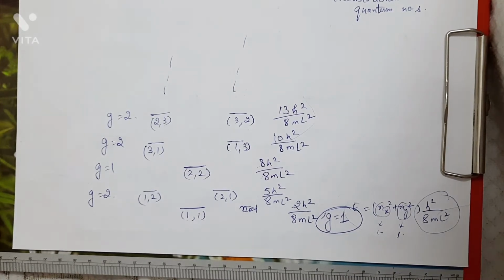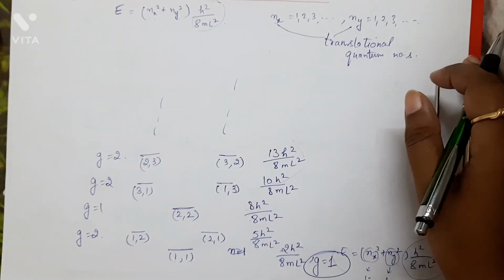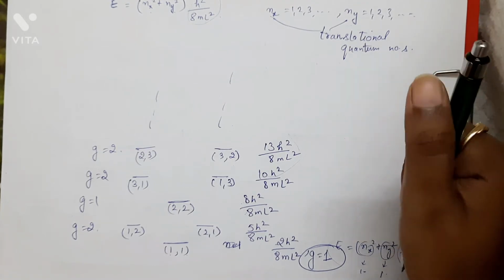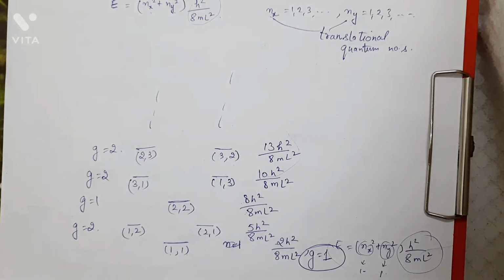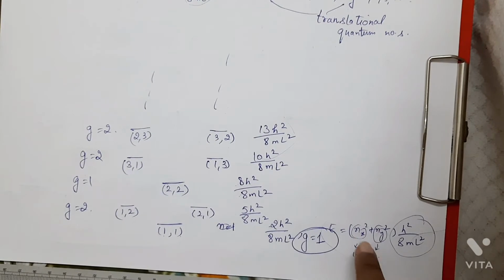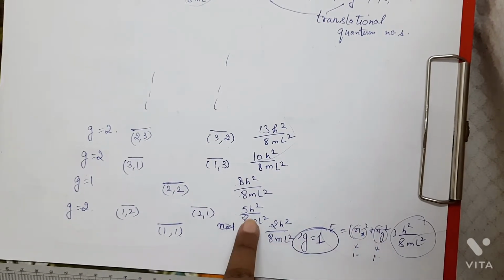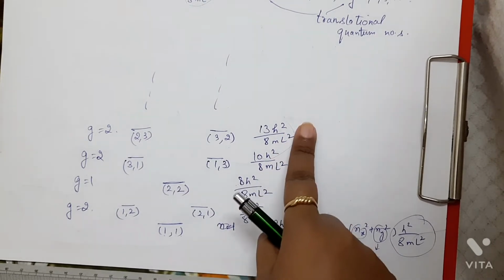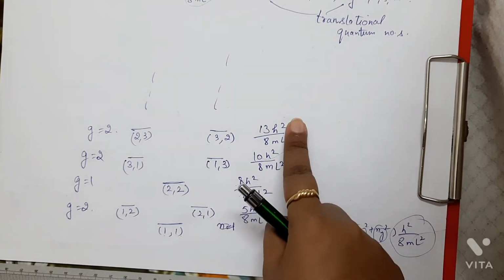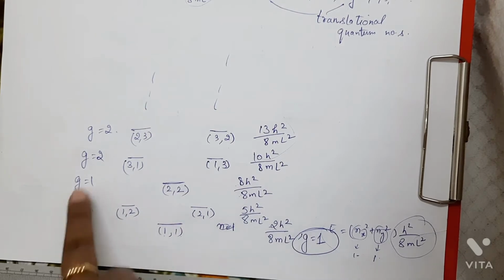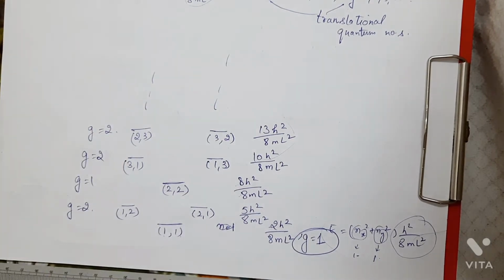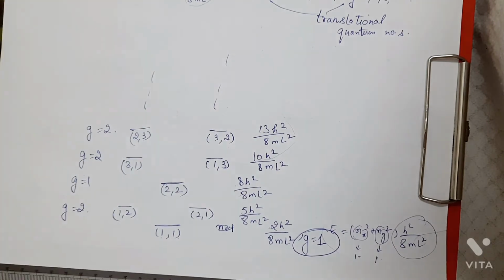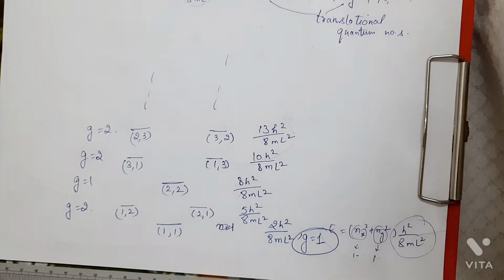This was something I had given you as homework, and it was quite easy to do. So this is all about particle in a 2D box and how to find the energy levels and degeneracy. You just have to put the values of nx and ny and get the corresponding energies. We have arranged them in increasing order of energy and found their corresponding degeneracy values. Now moving ahead with particle in a 3D box.